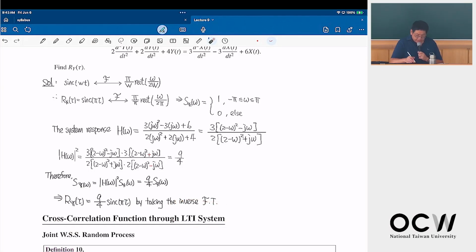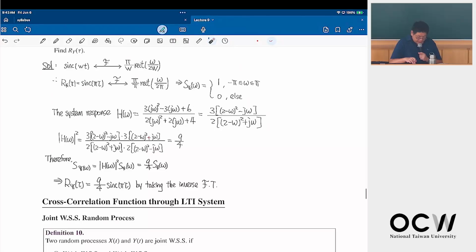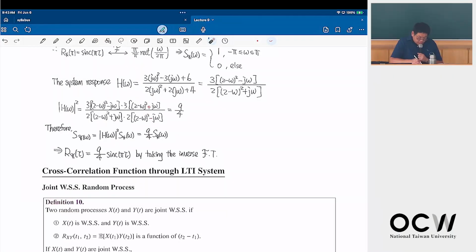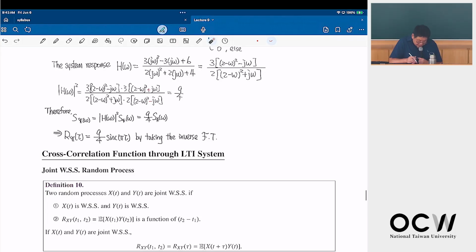And we still talk about the Wisen stationary random process. And here we have a joint Wisen stationary. So two random processes, X and Y, they are joint Wisen stationary. We say they are joint Wisen stationary if X is Wisen stationary and also Y is stationary.